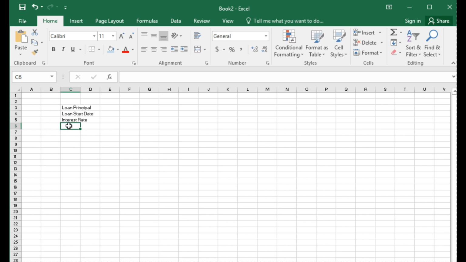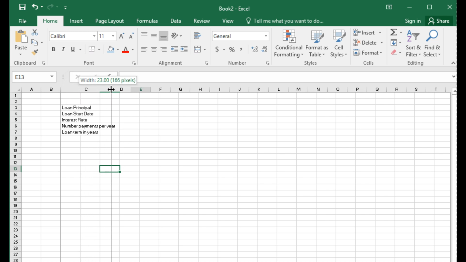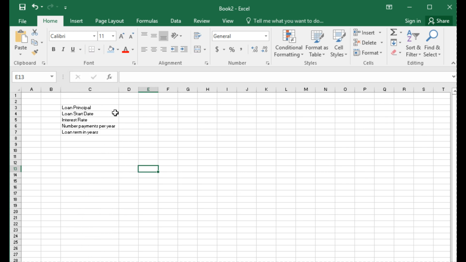And I need the number of payments, and that would be per year. And also the life of the loan, or the term of the loan in years. I'm going to widen this cell to accommodate the length of my text, and I'm going to go ahead and label these as user inputs.